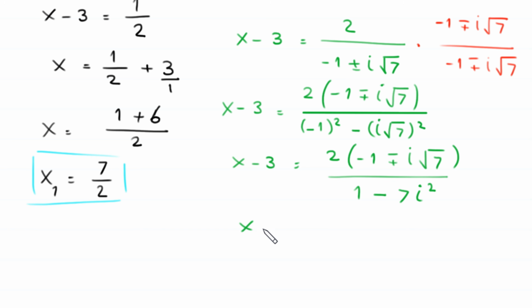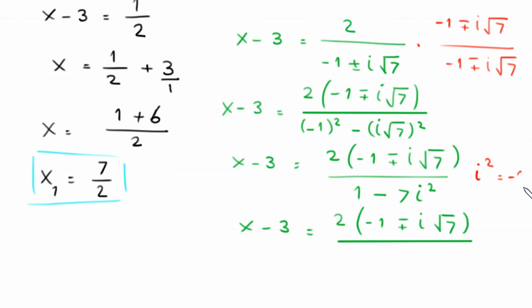Next, x minus 3 is equal to 2 times (negative 1 minus plus i times root 7) divided by, since i squared equal to negative 1, this denominator 1 minus 7i squared will become 1 plus 7.